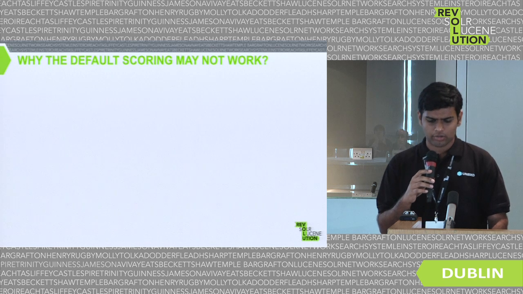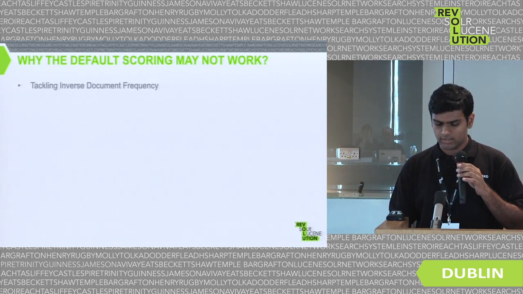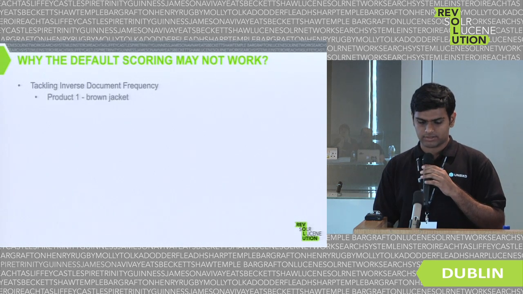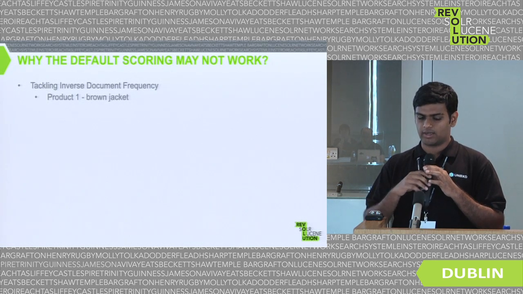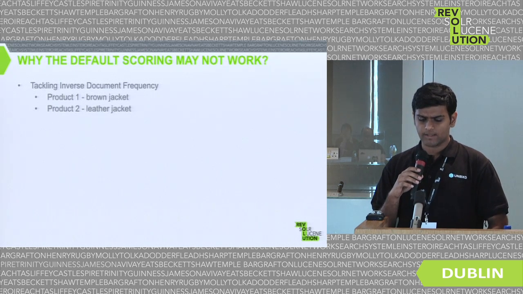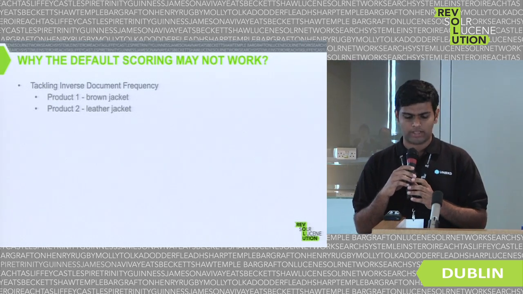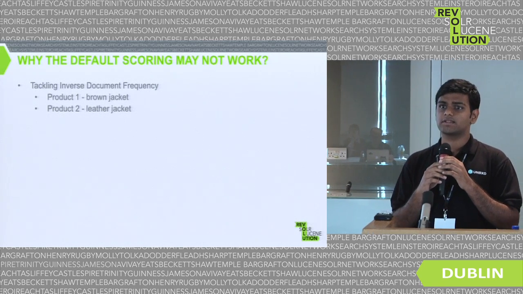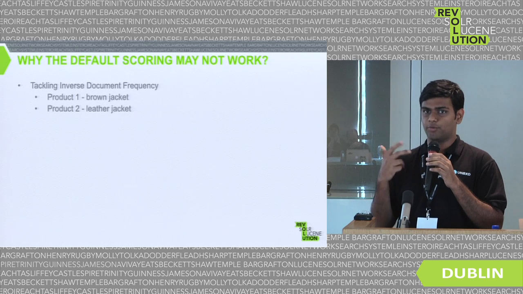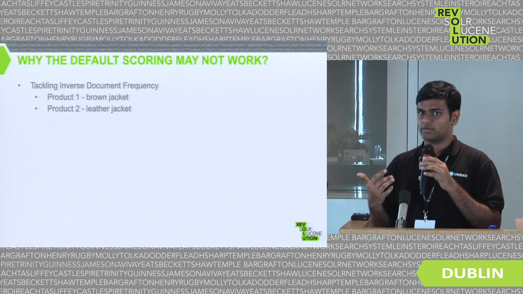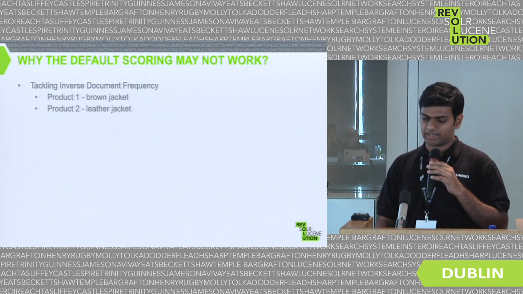Secondly, I'll talk about inverse document frequency. So what happens in inverse document frequency is if you have two products, say a brown jacket and a leather jacket. Now, if your query were to be brown leather jackets, the query matches both products and it matches two tokens in both the products, and one of them happens to be jacket.